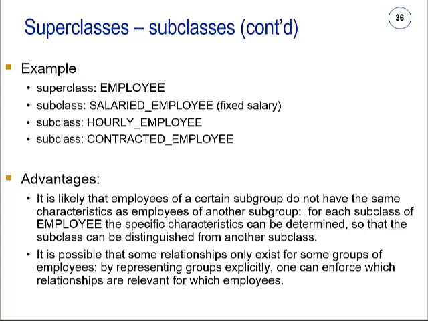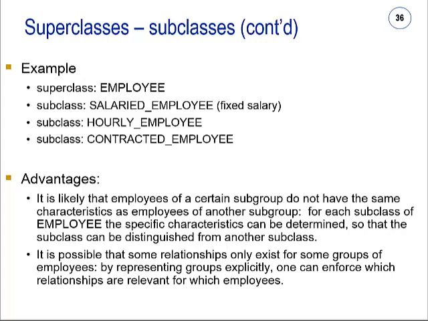Because for each subclass of employee, specific characteristics can be determined so that the subclass can be distinguished from another subclass. Remember the example I also gave earlier with person into student and professor. A professor can have special attribute types which are not shared by a student. A student can have special attribute types which are not shared by a professor. So it allows us to refine, it allows us to add very specific semantics to each of the subclasses.